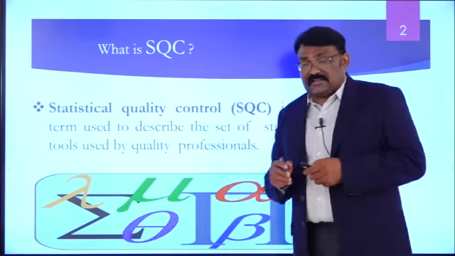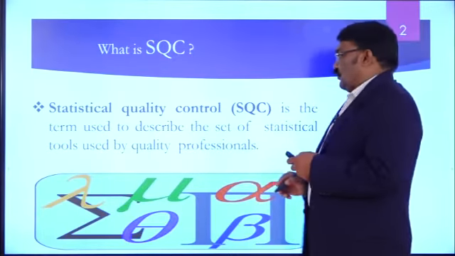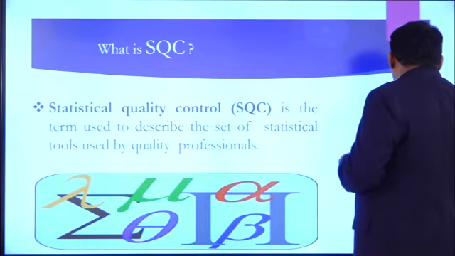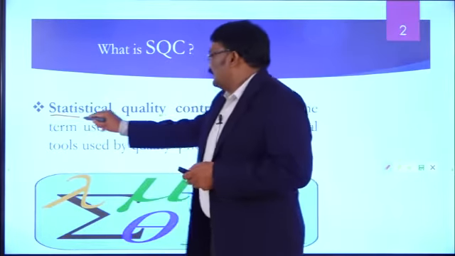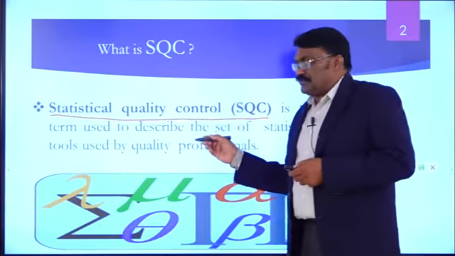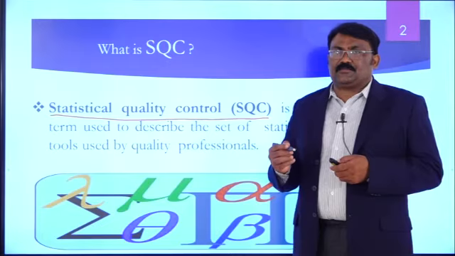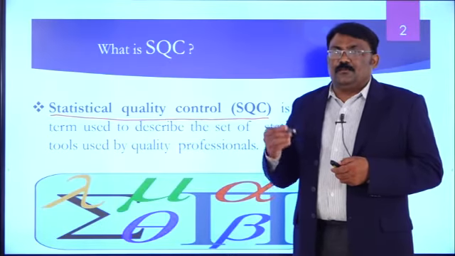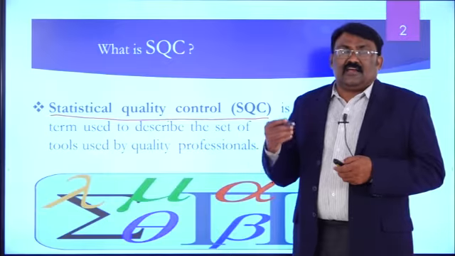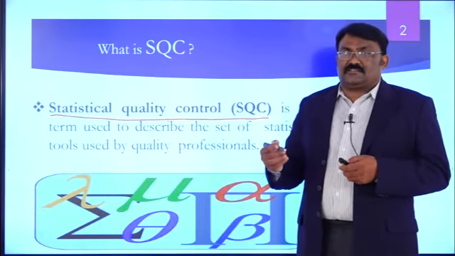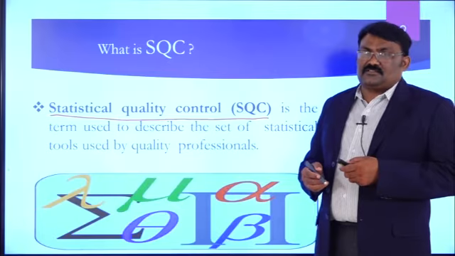And the meaning of statistical is that for selecting that particular control, we use different types of tools, like mean, median, mode, standard deviation and other aspects in terms of calculating the control process as such.